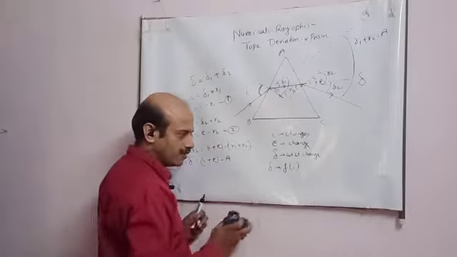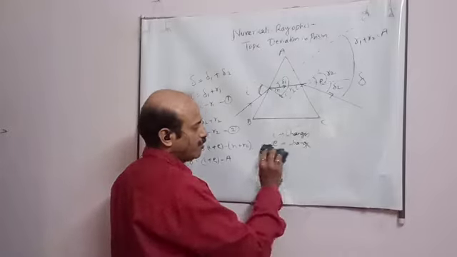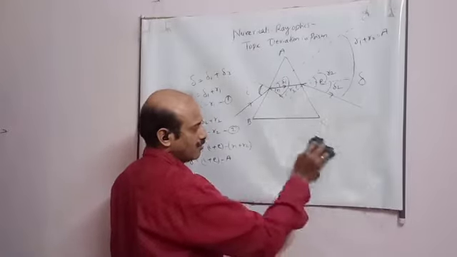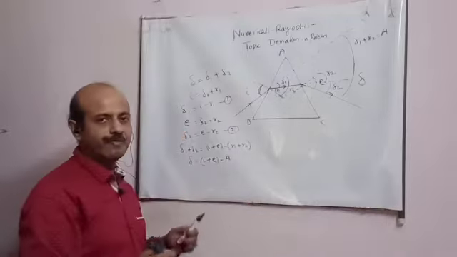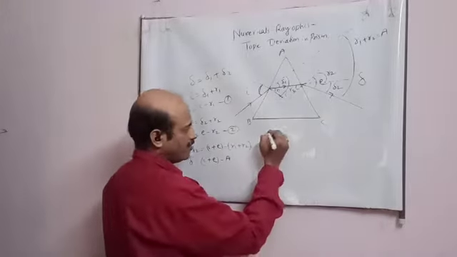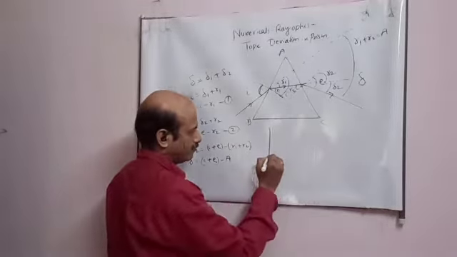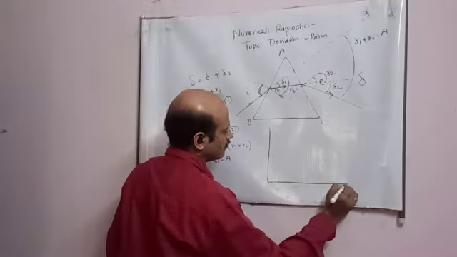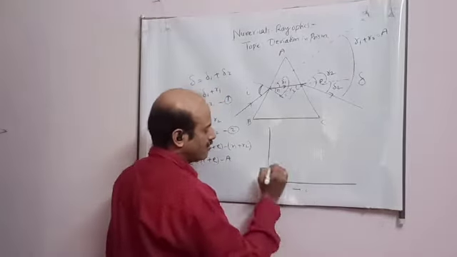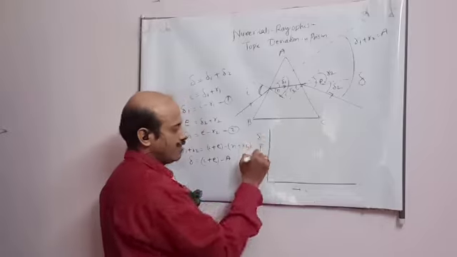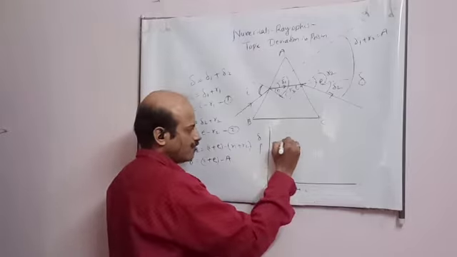Now, student, when the graph was plotted between deviation and angle of incidence with the help of experimental evidence, the graph was found to be of this kind. This is the angle of incidence, this is the angle of deviation.